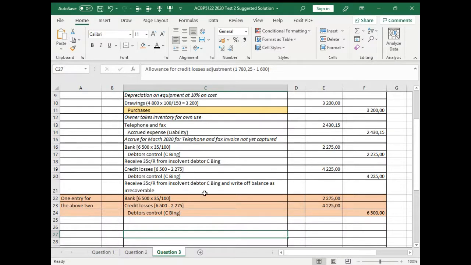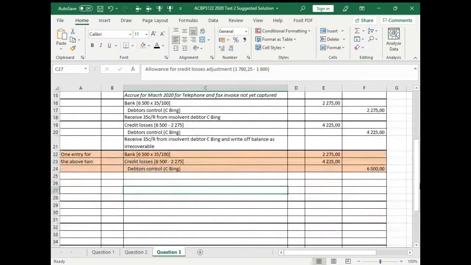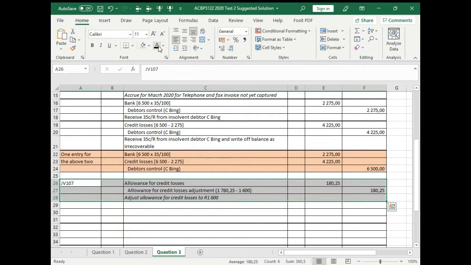Okay, then the next entry you had was number 5, which was the allowance for credit losses. Now, in class last time I said when they ask you to adjust the allowance for credit losses account, you create an allowance for credit losses adjustment account just for that adjustment amount, and then you record it as follows. So you would debit the allowance for credit losses, which is the current account in your trial balance, and we said we need to reduce it.